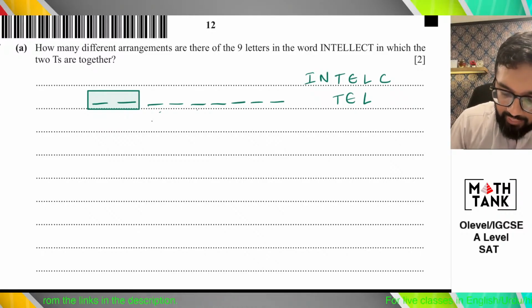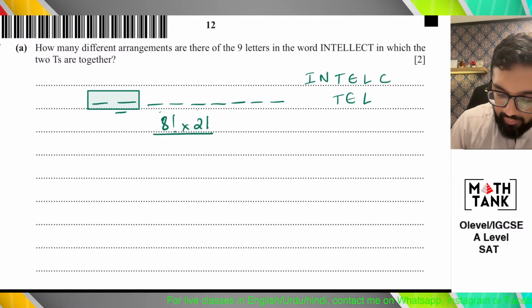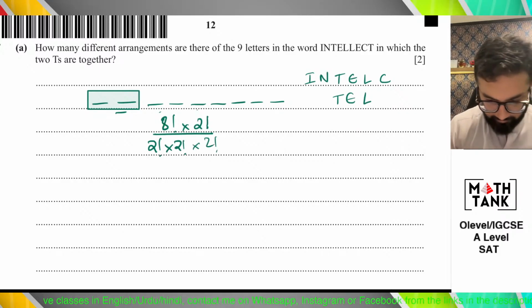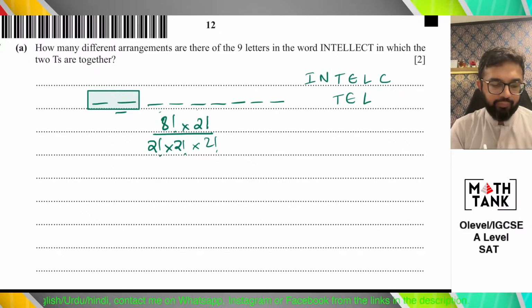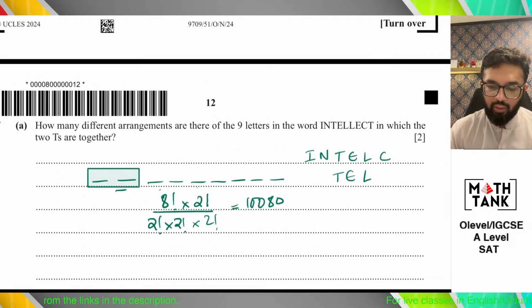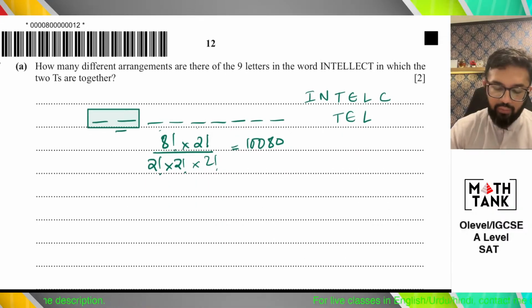So then 8 factorial going into the box as 2 factorial, then divide by all the identical ones. 10080. Okay, November 2451. Let's check our answers.